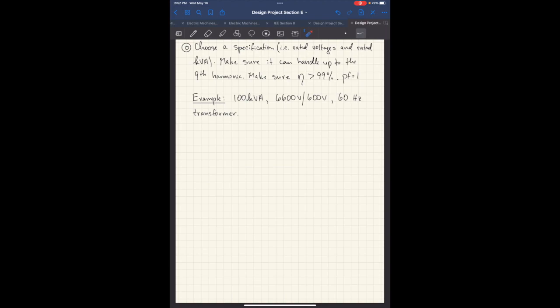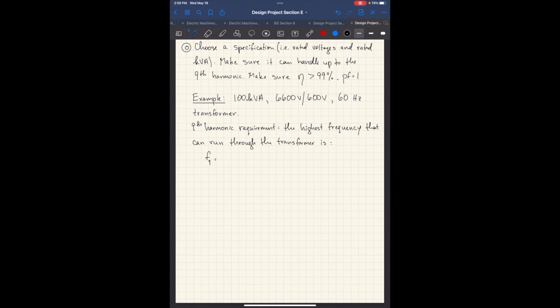Now, we have to consider the 9th harmonic requirement. Basically, the requirement is that the highest frequency that can run through the transformer is the 9th harmonic, which I'm going to show as f subscript 9.